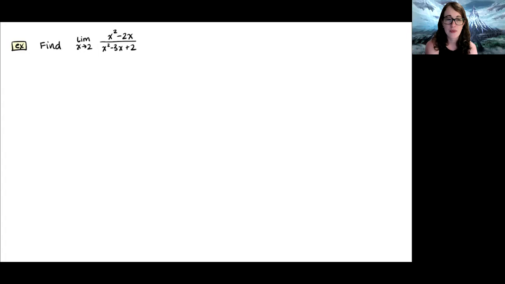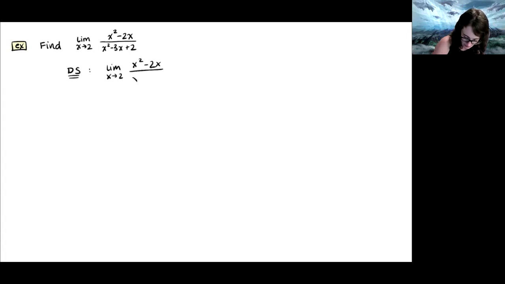Okay, so the first thing that we should always try is plugging in the 2. So the limit as x approaches 2 of x squared minus 2x over x squared minus 3x plus 2.